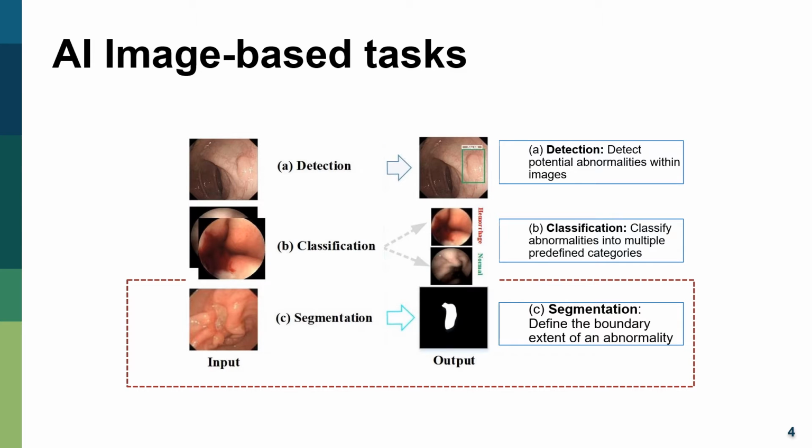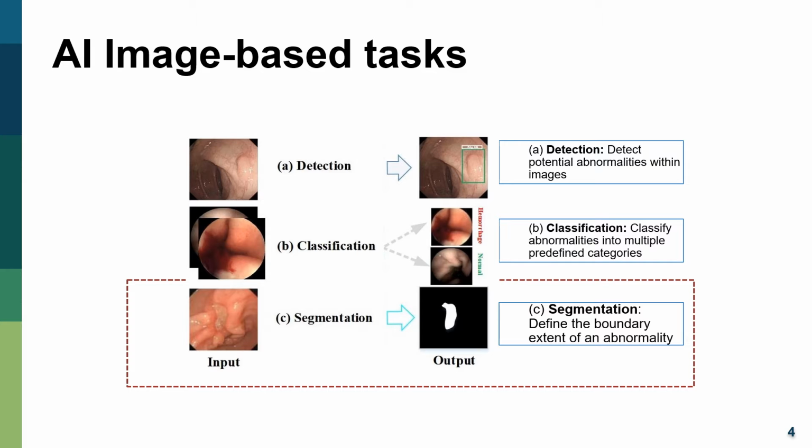Currently, the application of AI in medical imaging to support diagnosis is a hot topic that attracts many businesses and organizations. Going deeper, image-based tasks can be broadly divided into 3 groups based on their different objectives. First is detection. It is how to detect potential abnormalities within images.